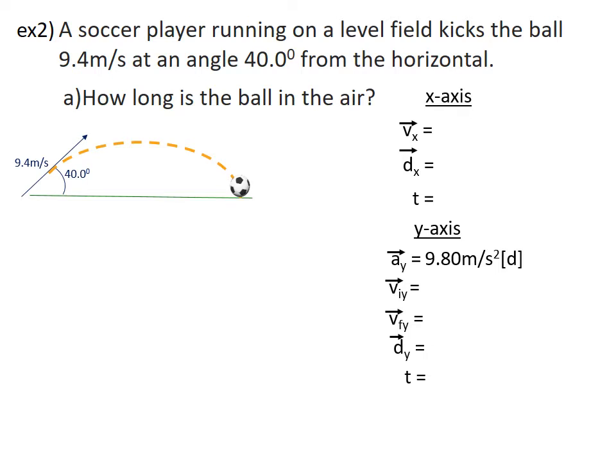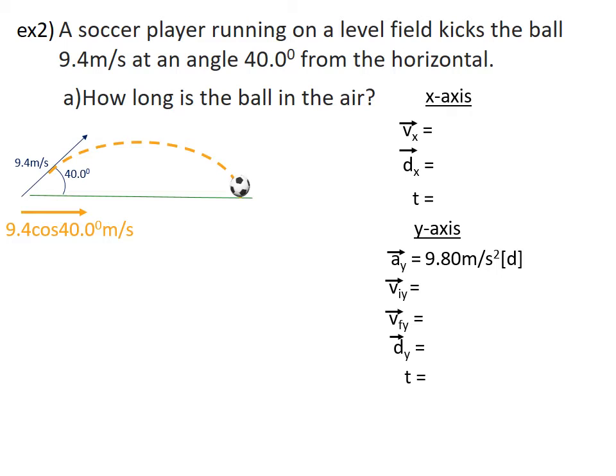Now let's look at the question and see if we can add more to our variable list. The ball was kicked 9.4 meters per second, 40 degrees from the horizontal. So that 9.4 has an x-axis and a y-axis component. In the x-axis, compared to the angle that we've been given, the 40 degrees, the x-axis component is the adjacent side. 9.4 meters per second is the hypotenuse.